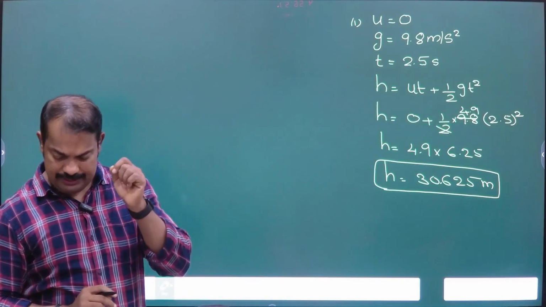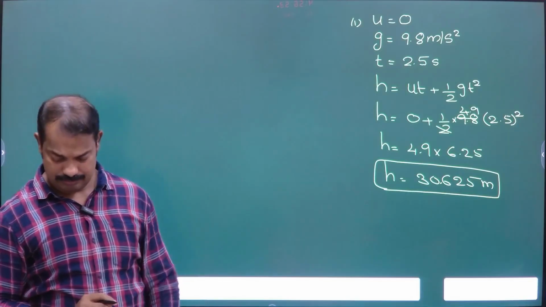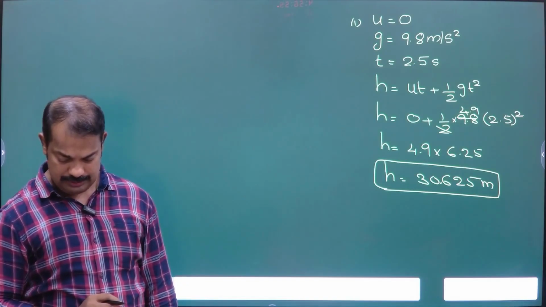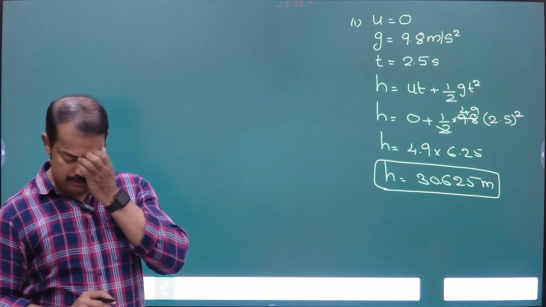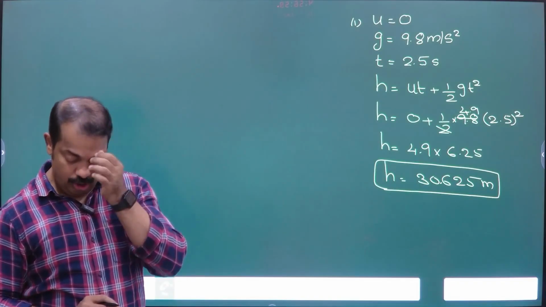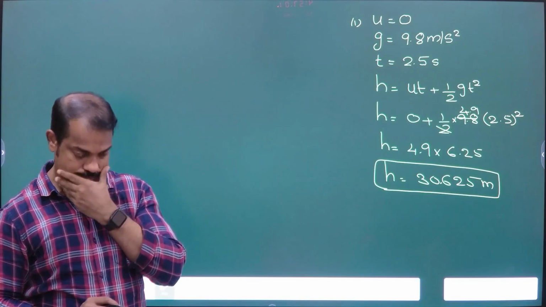A stone is dropped from a height of 20 meter.